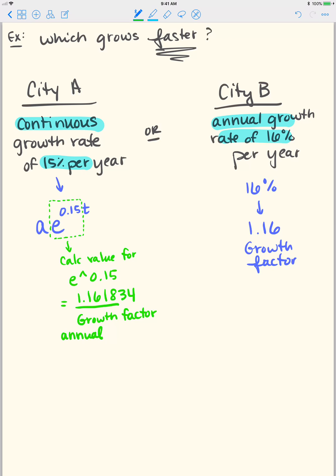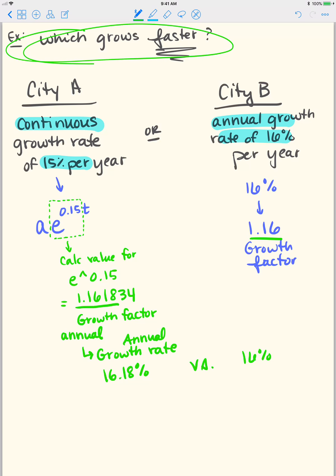And the 1.1618 is a bigger growth factor than 1.16. So the growth rate from the continuous one, the annual growth rate, is actually 16.18 or 16.2%, and you're looking versus a 16% annual growth.